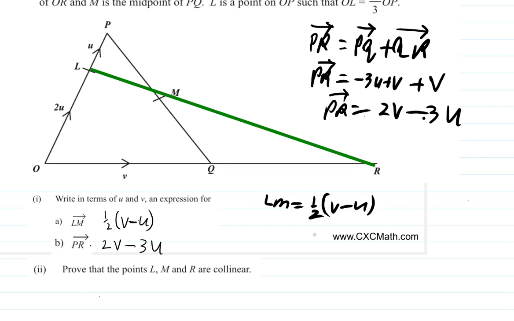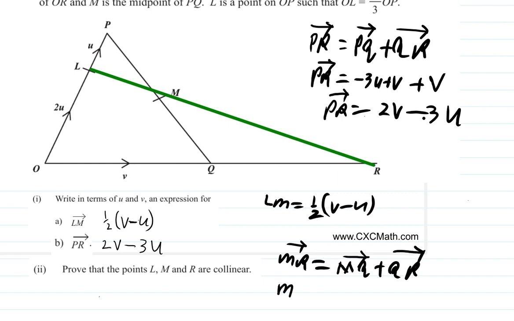Now, what is MR? Going from M to R is the same as going from M to Q, then Q to R. See that? So, MR is MQ plus QR.